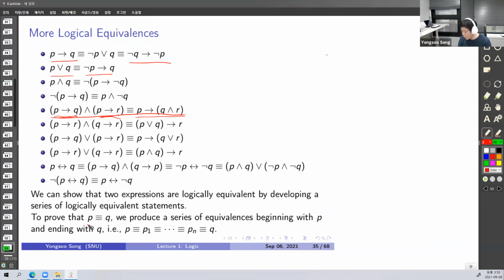For example, when you'd like to show that P and Q are logically equivalent, you can find a sequence of propositions from P1 to Pn such that P is equivalent to P1, Pk is equivalent to Pk plus 1 for each k, and Pn is equivalent to Q, to show that P is logically equivalent to Q.